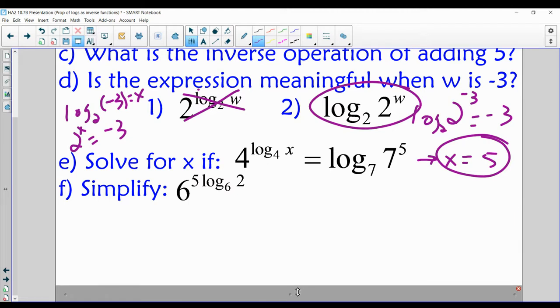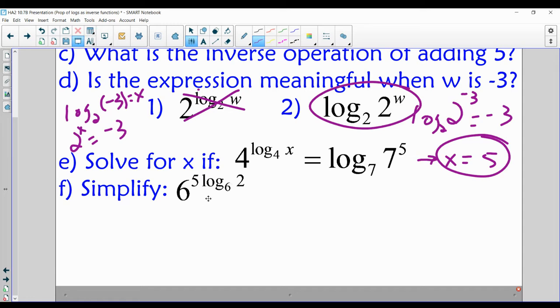All right, let's do a little bit of manipulating with this one. If I have 6 to the 5 times log base 6 of 2, well, from what we did on this last problem, where 4 to the log base 4 of x was just x, there was nothing here. I was just able to match that up. But now this 5 throws things off.